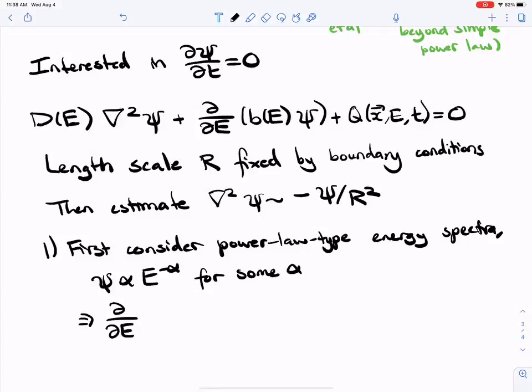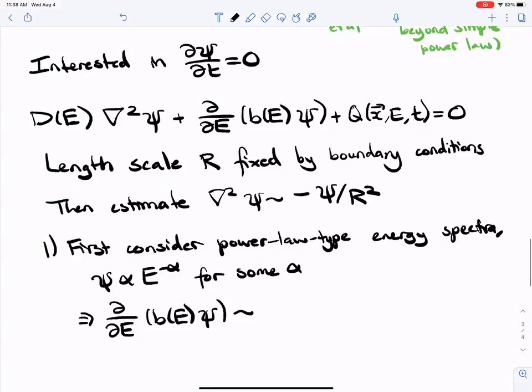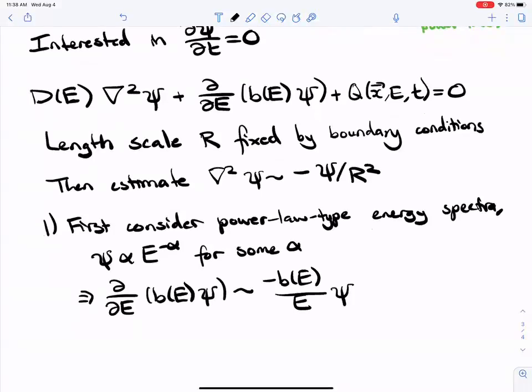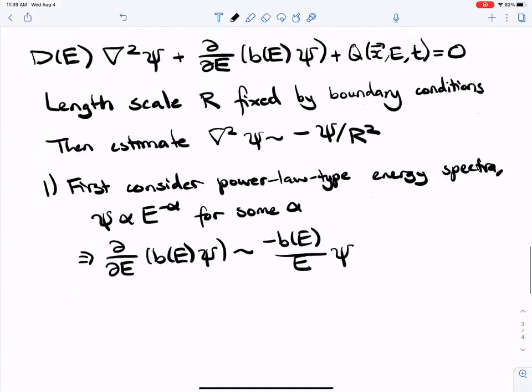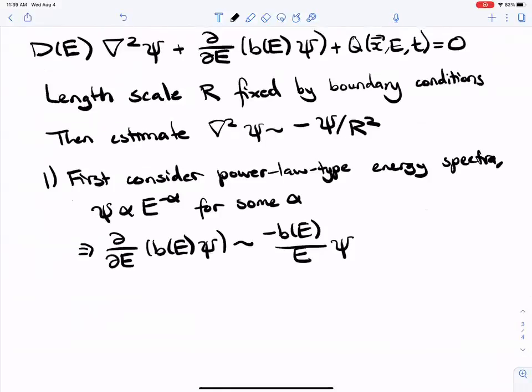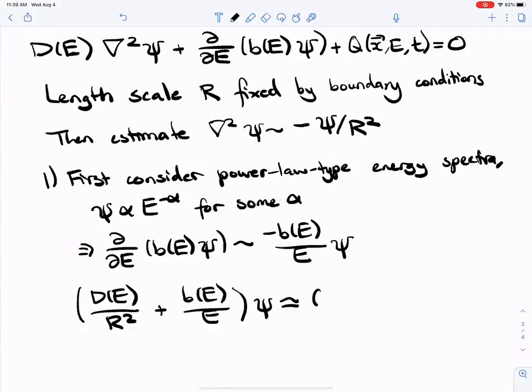Then if I ask, parametrically, what is d/dE of E times phi, we can guess that this derivative with respect to E acting on a power law is basically going to give us a power of 1 over E. Under these very loose dimensional analysis approximations for how things should scale, I can say that the steady state solution should roughly satisfy an algebraic equation, not a differential equation, which looks like: we have this diffusion term, we have this loss term, times phi, should be about equal to Q.